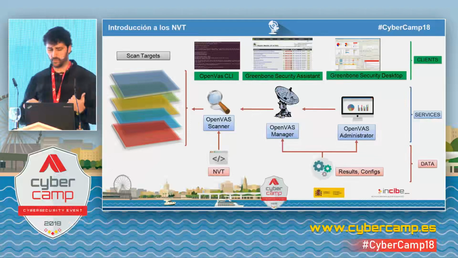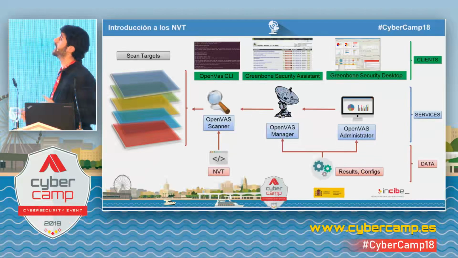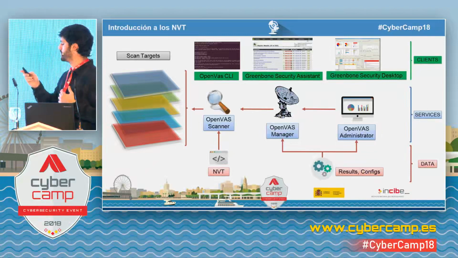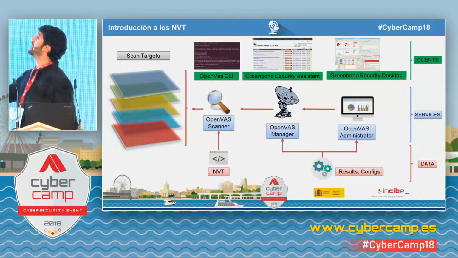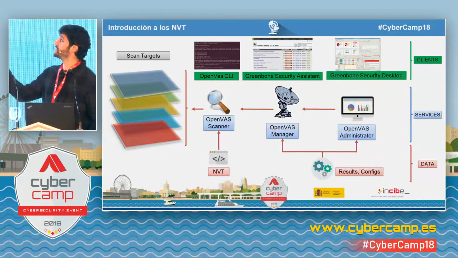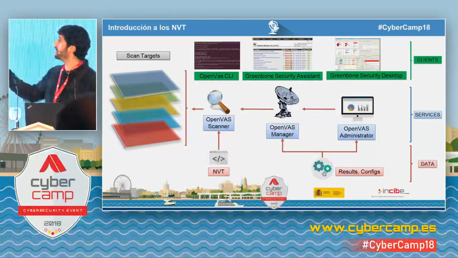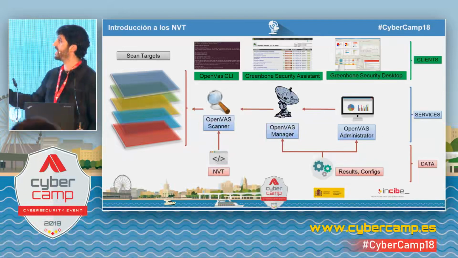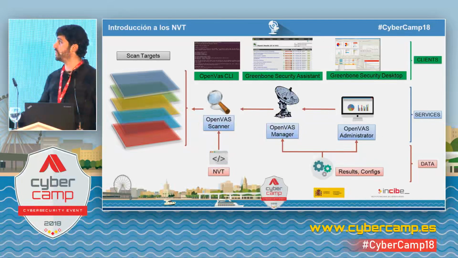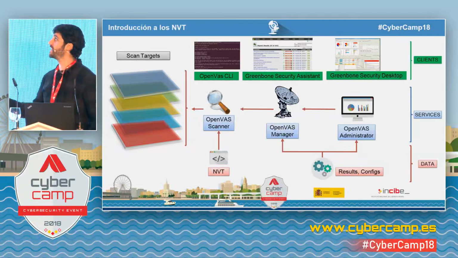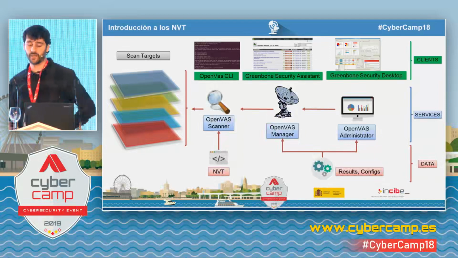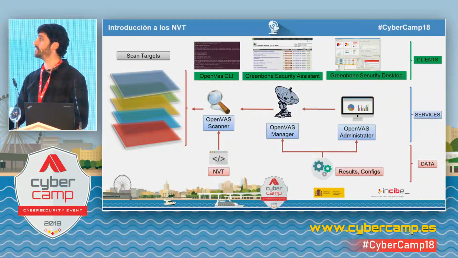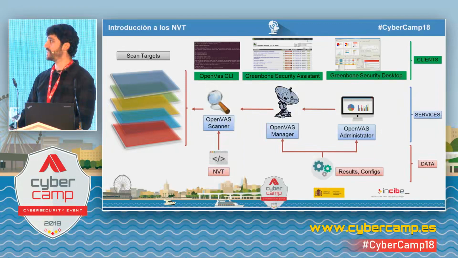Since we're speaking about OpenVAS, this is how it's structured. These are customers, visual customers. We can set up the services we have running, administrator, manager, and scanner. We set up all this, the scans we want to carry out.